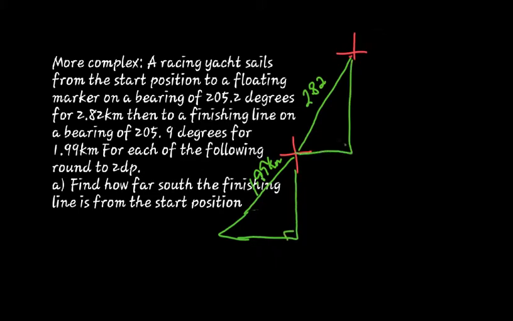So we've got 2. So we want to know this one and this one, and we have to add the 2 of them together. So we know that the angle all the way around is 205.2 degrees. We know to straight down it's 180, so it's going to be 85.